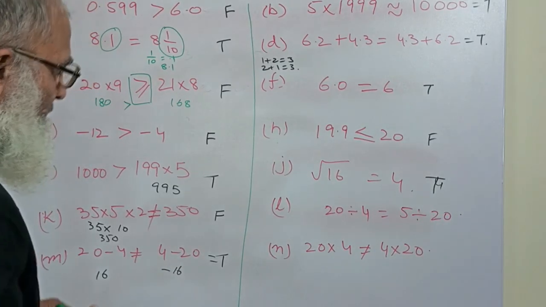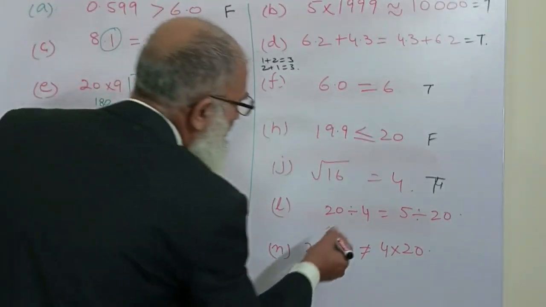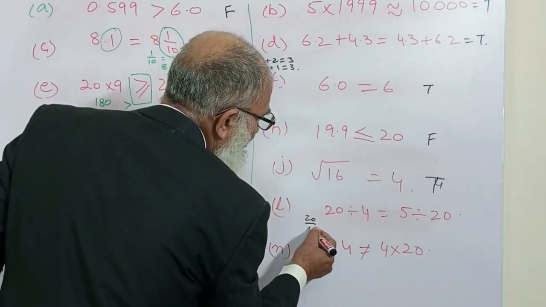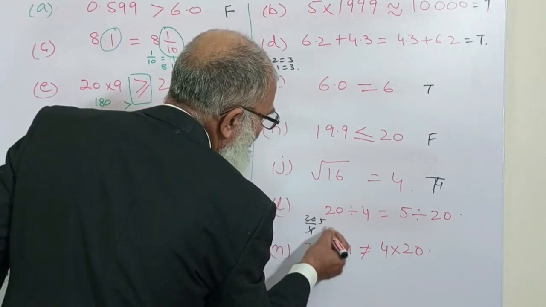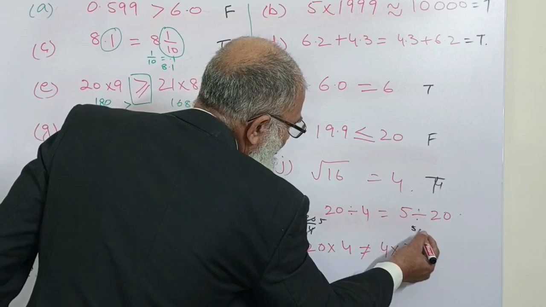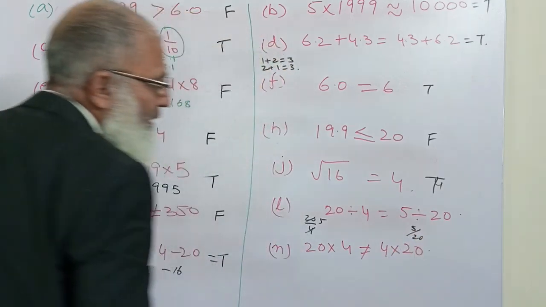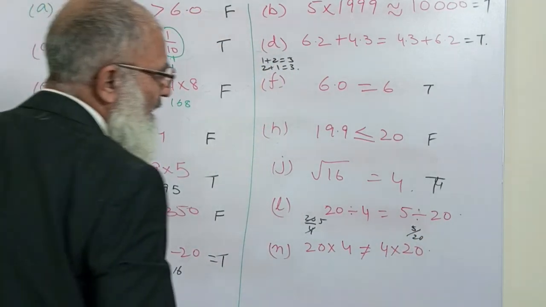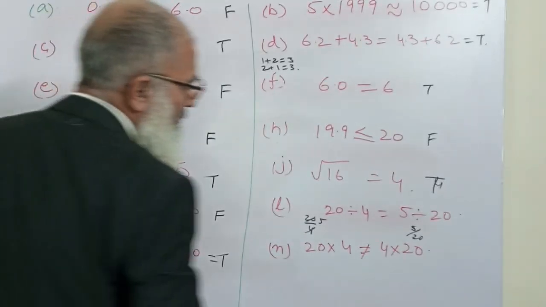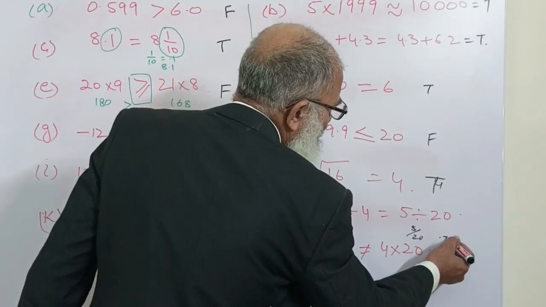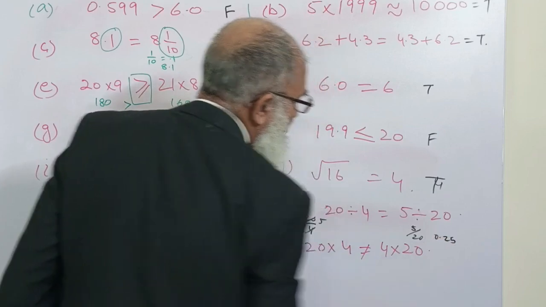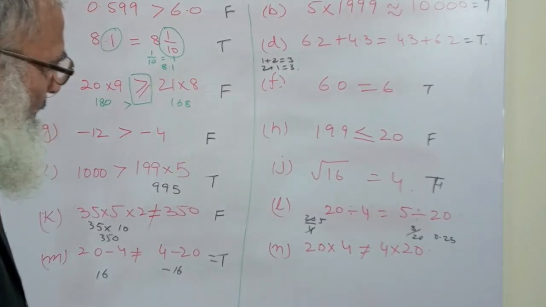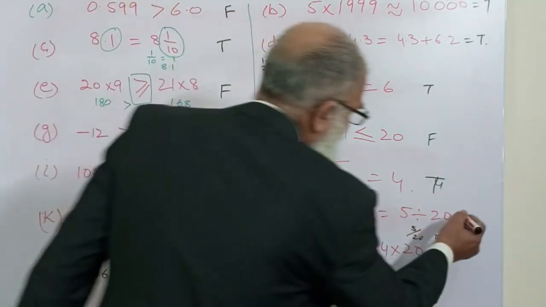This is wrong. Because 20 divided by 4 gives us 5 and 5 divided by 20 is a fractional number which will become 0.25 maybe. So this is false.